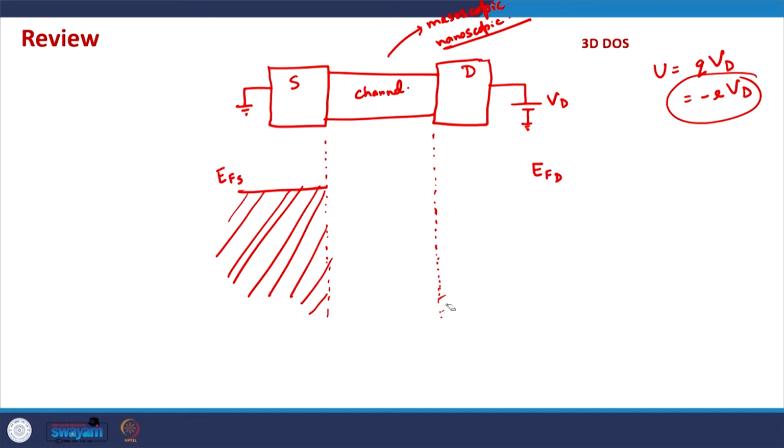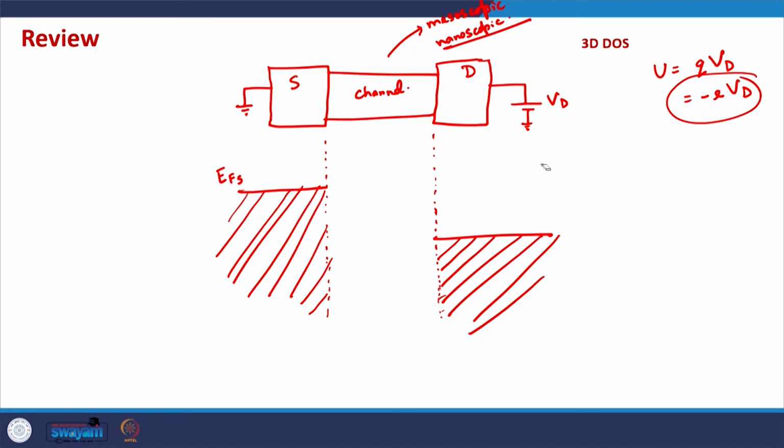The source Fermi level does not change because it was grounded before and it is grounded even now, but now the drain Fermi level goes down by a value of q times Vd.